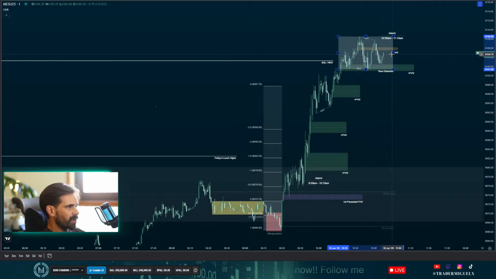But whenever you have some type of time distortion like this, where price is just trading inside of a box, usually, and this does not happen always, you should be very careful, because it usually does not continue, it reverses.